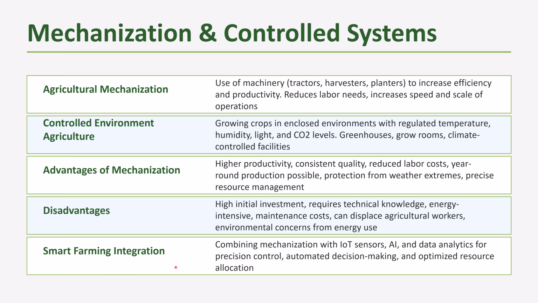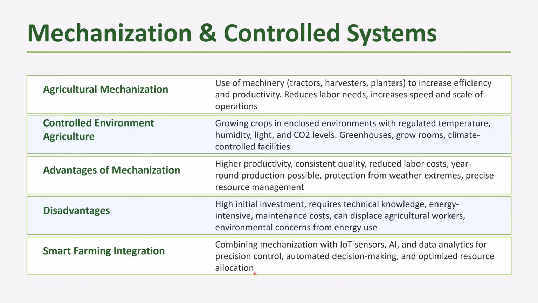Smart farming integration, combining mechanization with IoT, Internet of Things, sensors, and AI in data analytics for precision control, automated decision making, and optimized resource allocation.